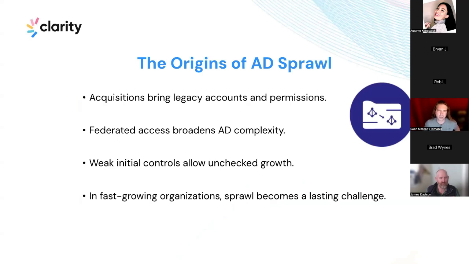So let's talk a little bit about how this happens and what we mean by Active Directory sprawl. There's a number of reasons and purposes behind it. One scenario that would represent AD sprawl is when you have multiple Active Directory forests. We have one Active Directory forest that is the primary one, where we have users and computers and applications associated with it. And then another one is brought on board because we need to be able to do testing.